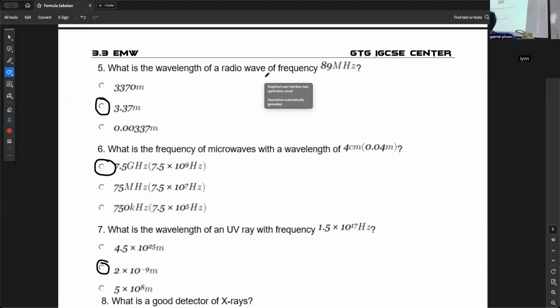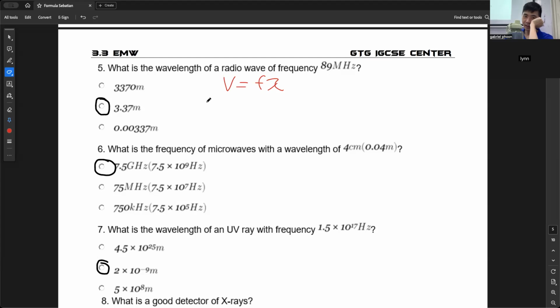Really? I got 30 something. Then why didn't you say anything? How to do? Tell me. What's the formula you use first? F equals to, no. V equals to, yes.